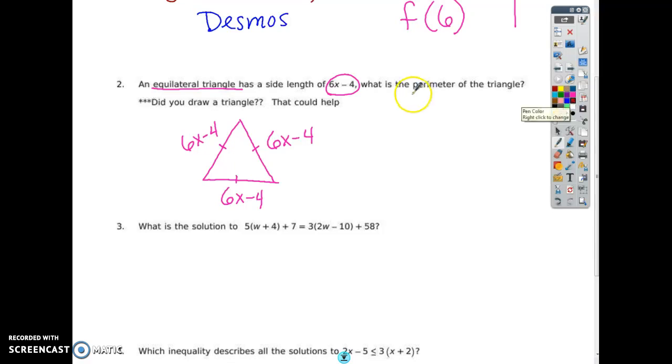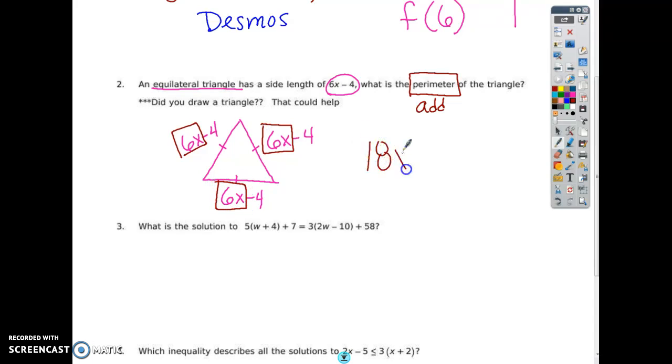So when it asks what is the perimeter, what are we going to do? You're going to add all the sides. We're adding. Okay? Add all the sides. So what can I add first? The x's. So 6x plus 6x plus 6x is 18x. Okay? 6 plus 6 plus 6, 18.